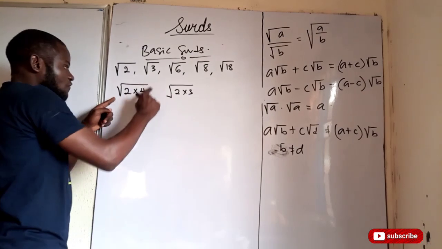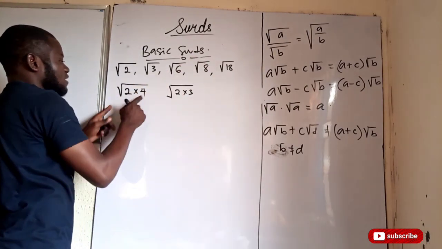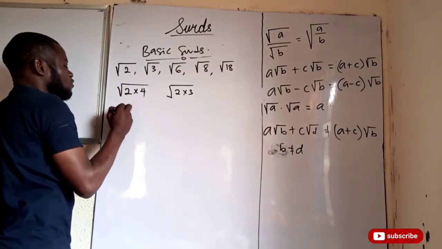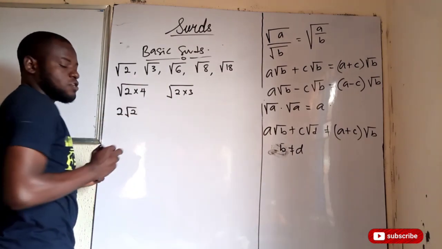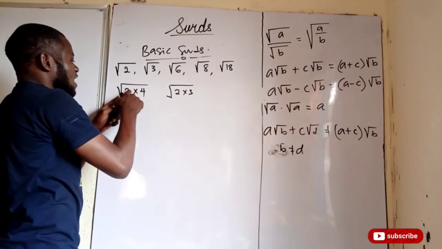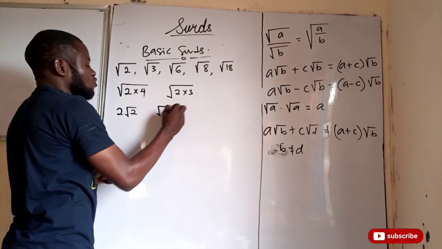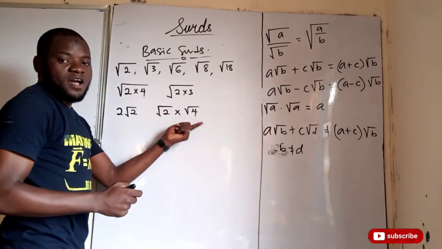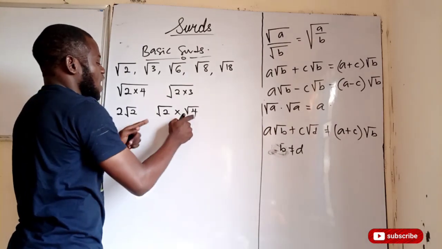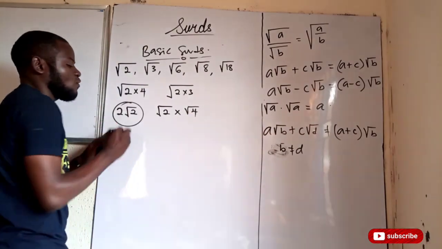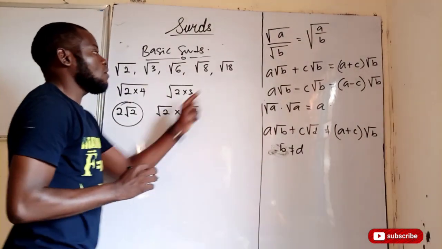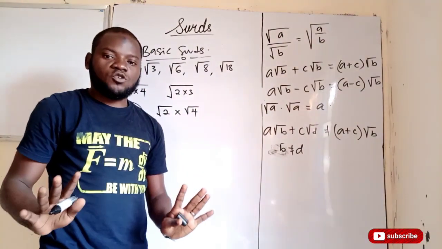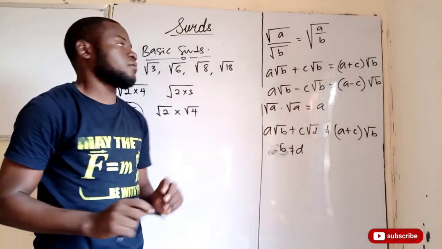Now, for root 8 to be a basic surd, I have to write this as 2 root 2. Do you understand that? Because I can split this one as root 2 times root 4, and root 4 has a perfect square, which is 2. So I will have 2 times root 2. That will give me 2 root 2. Now, root 18 is also not a basic surd. Why?